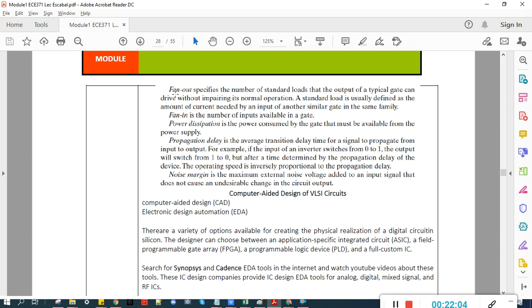We know that we connect logic gates, one to the next, and the output of a certain logic gate is connected to the next stage. Fan out defines the number of loads or logic gates that it can be connected to.